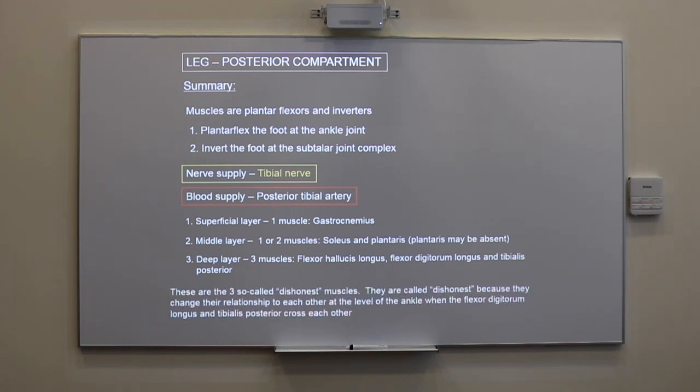These are the three so-called dishonest muscles, because they change their positions with respect to what they are in the leg, how they cross the ankle joint, and how they are crossing in the foot. So flexor digitorum and flexor hallucis will change their position in the foot, while tibialis posterior and flexor digitorum are going to change their position as they pass through the ankle joint.